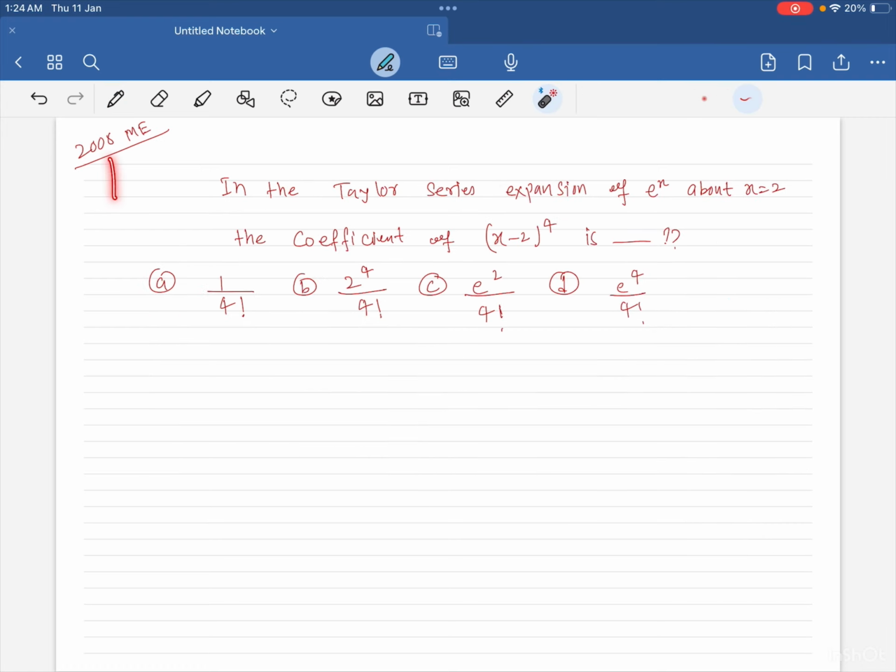So this question is from 2008 ME. In the Taylor series expansion of e to the power x about x equals 2, the coefficient of this term is, so you will have to do the Taylor expansion of e to the power x about x equals 2, right? So that will be f(x) equals f evaluated at 2, right?